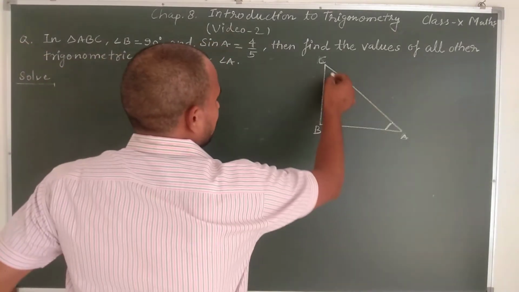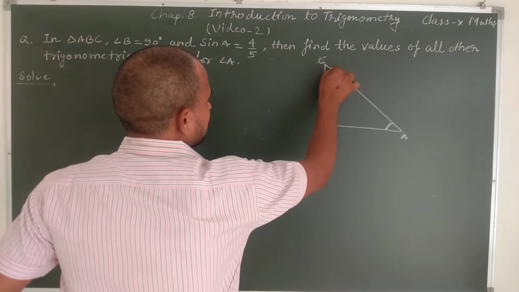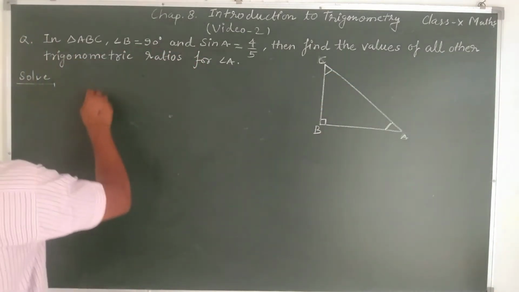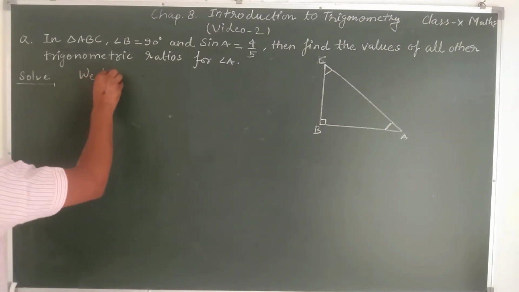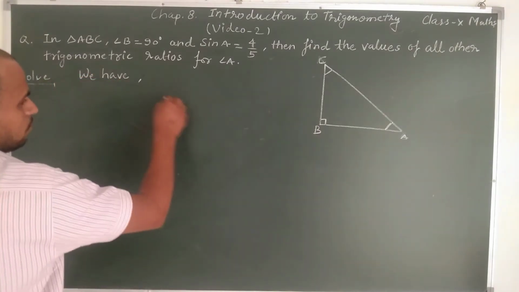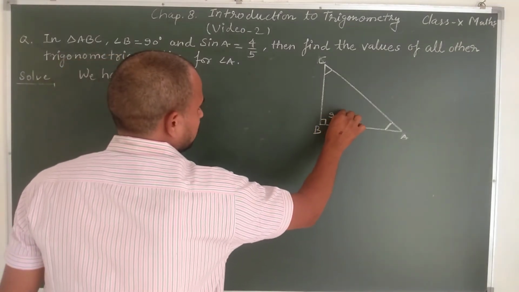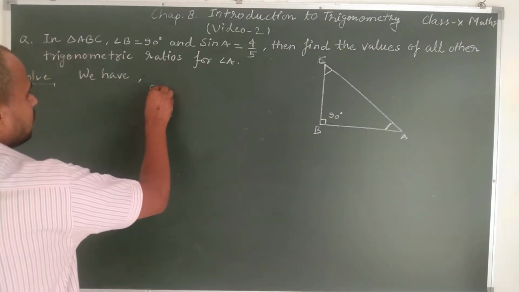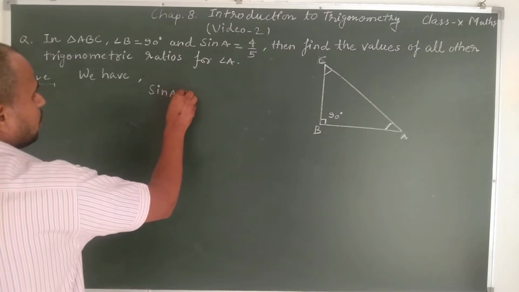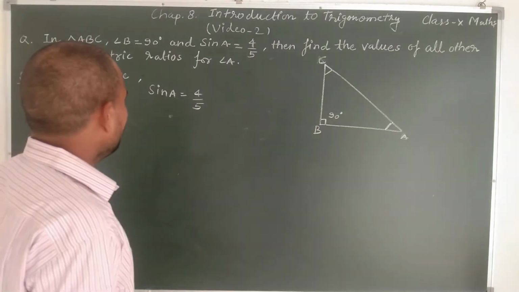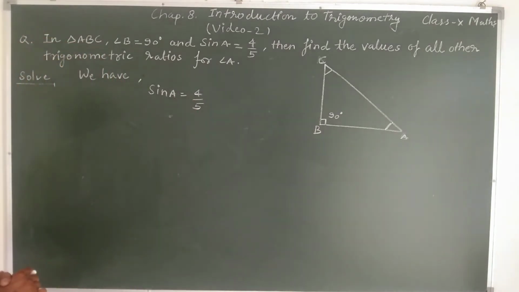This is A, B, this is the 90 degree angle at B, and C is another acute angle. We have sin A equal to 4/5.